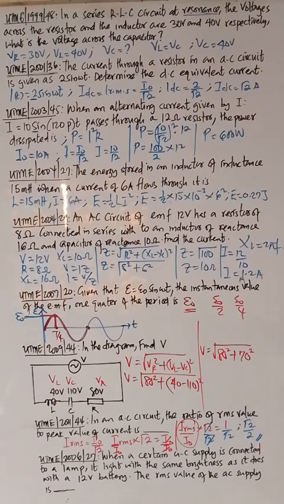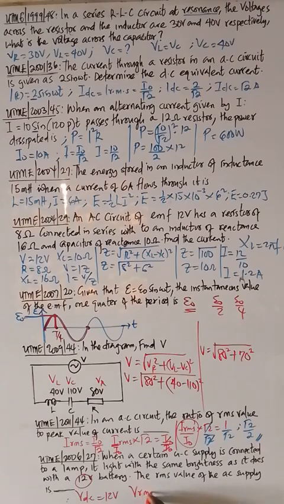That's the answer. Lastly, when a certain AC supply is connected to a lamp, it lights with the same brightness as it does with a 12 volt battery. A battery gives DC. So this 12 volt is actually VDC. We are told that VDC is 12 volts. Now, the RMS value of the AC supply is what?